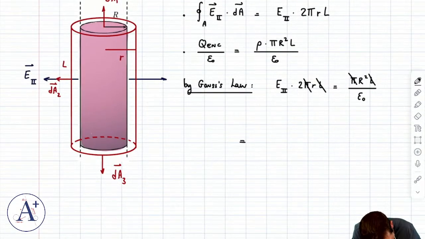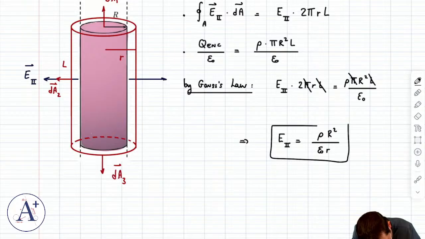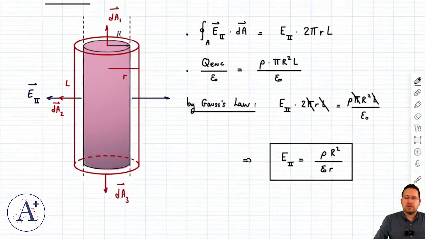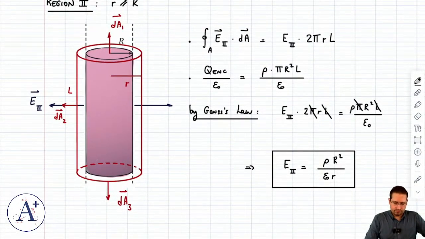And we find that E2 is equal to, well, my bad, I forgot a rho there, didn't I? Rho R squared over epsilon naught little r. Okay, without rho, that definitely does not make sense in terms of units. Okay, so that is E2. There we go.